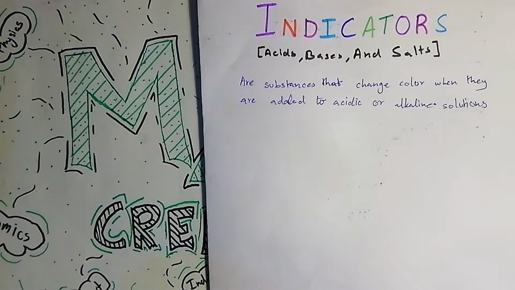Now, why do we need them? Well, one, we can use them to find out if a solution is acidic or alkaline or neutral. Another thing is that some indicators can tell us things about the substance, like its pH level or its acidity. So that's another thing.